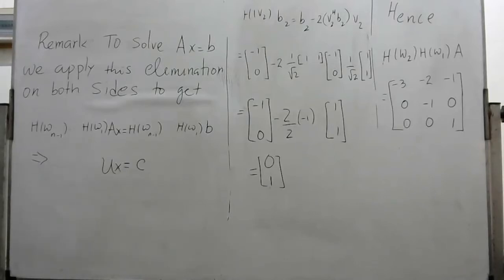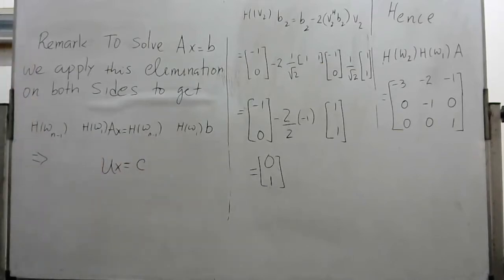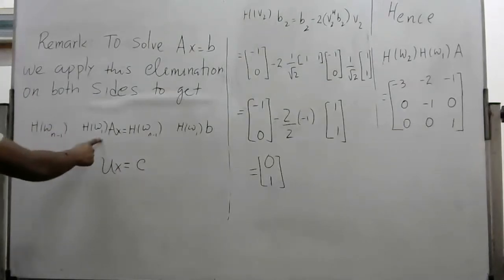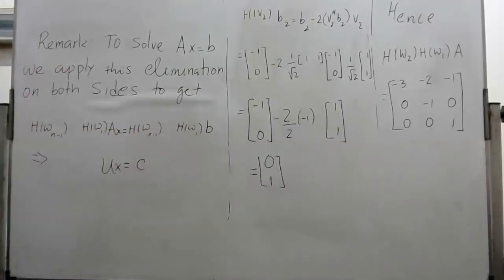Okay, so if you want to solve a system of the form Ax equal to b, then what you have to do is multiply by the elementary Hermitian matrices on both sides, right? So you get H omega 1 multiplied with Ax, and then you multiply H omega 1 with b.